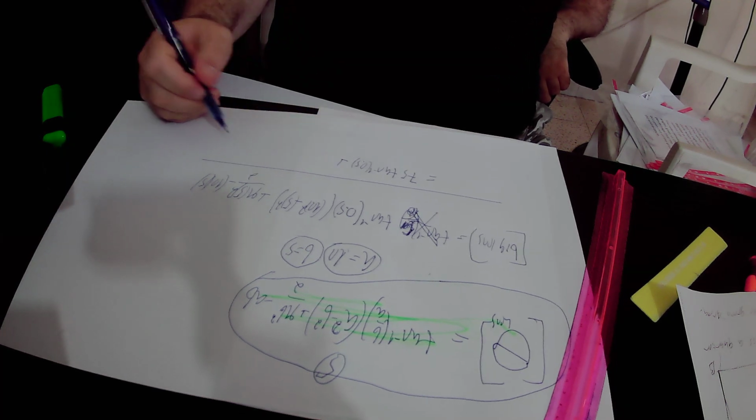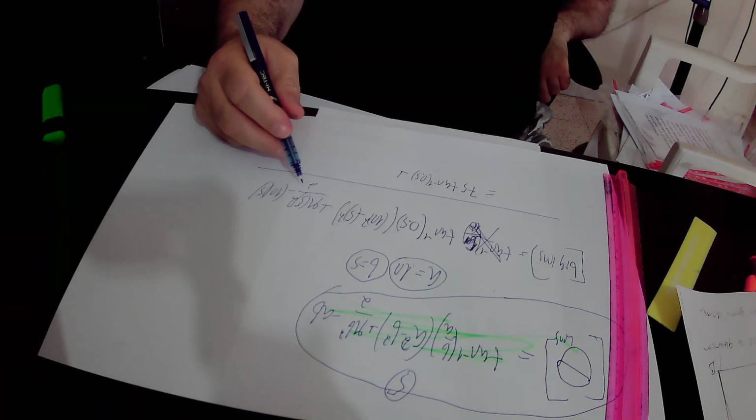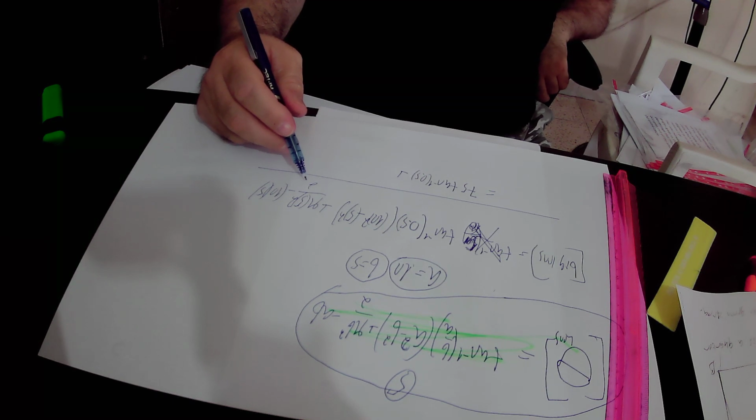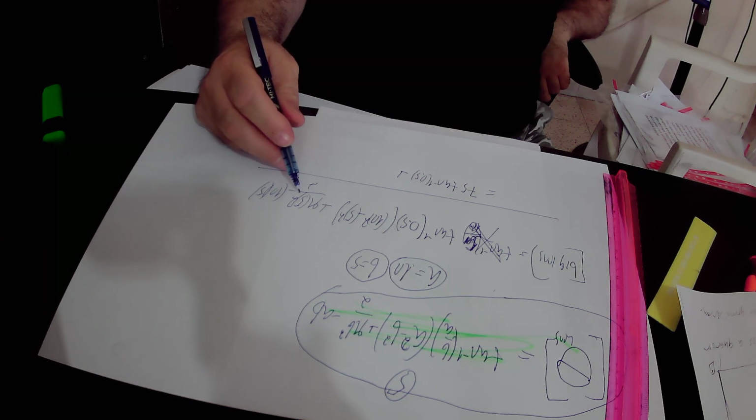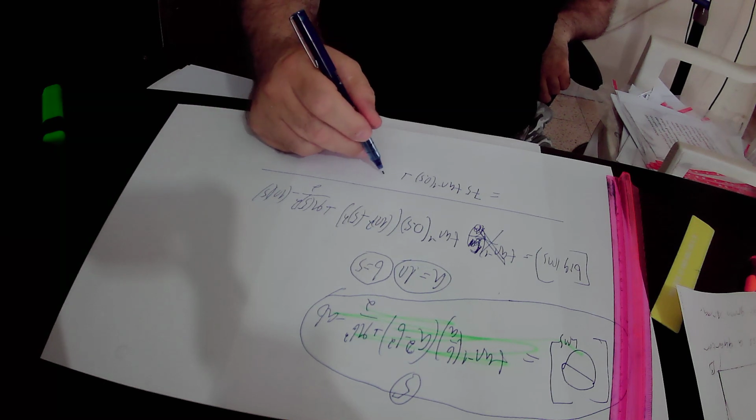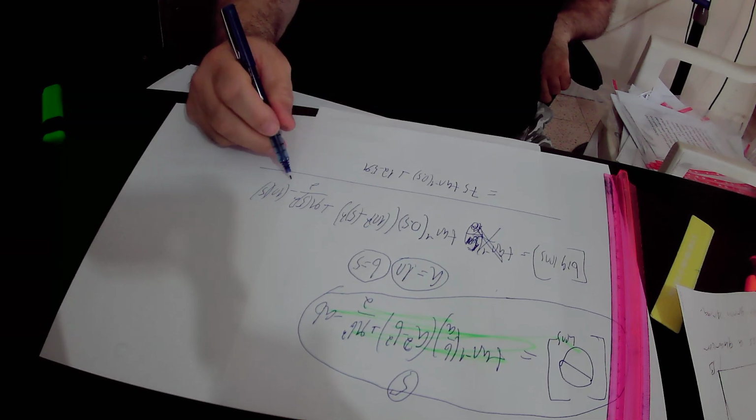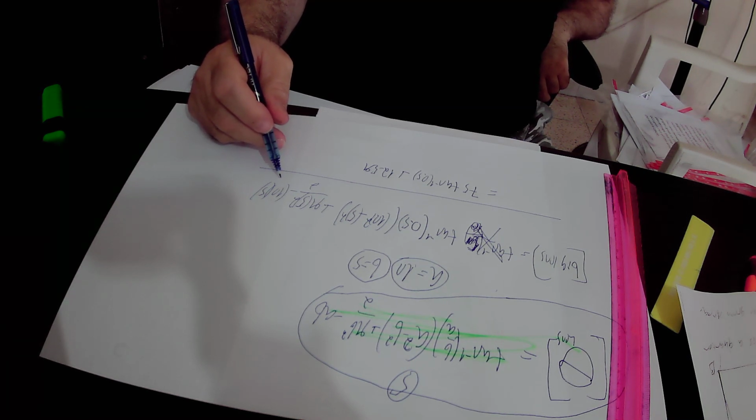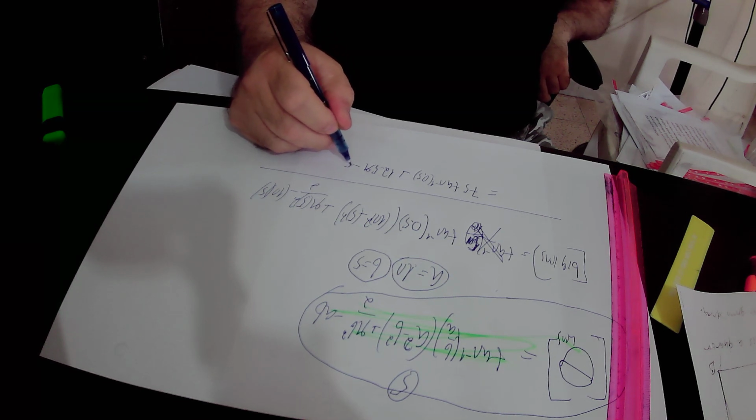plus pi 5 square over 2. 5 square is 25. 25 over 2 is 12.5. So in total this expression equals 12.5 pi, minus 10 times 5, 10 times 5 is 50, so it is minus 50.